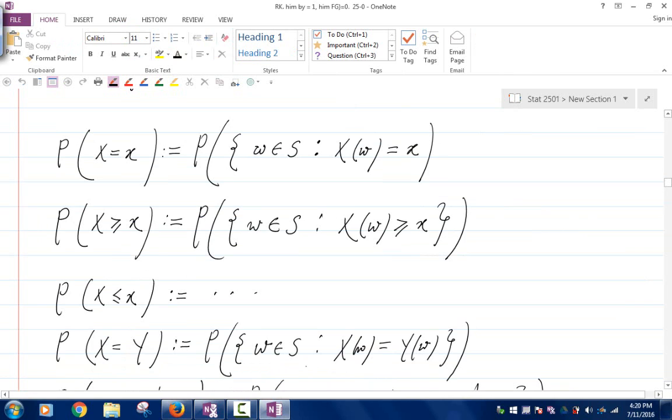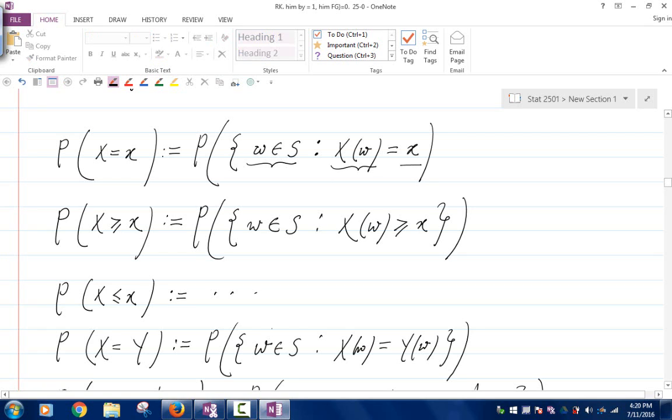Alright, so some of the notations that I have to mention here. When we write P of X equals x, what we mean is the probability of the event consisting of all outcomes omega in the sample space for which the value of X is equal to x.